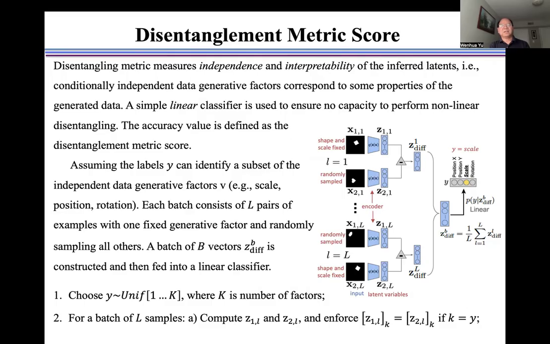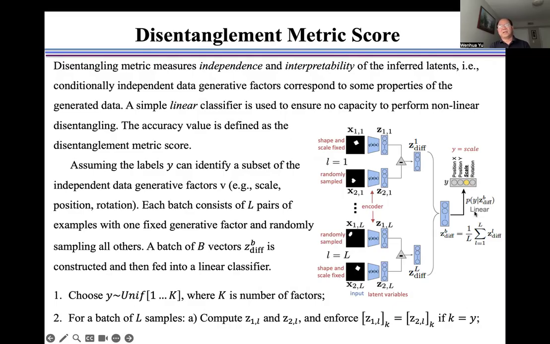Each batch consists of L pairs of examples, as shown here, with one fixed generative factor and randomly sampling others, as shown here and here. A batch of B vectors ZB is constructed and then fed into a linear classifier following the steps below.